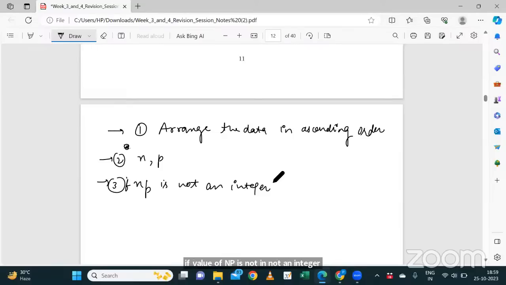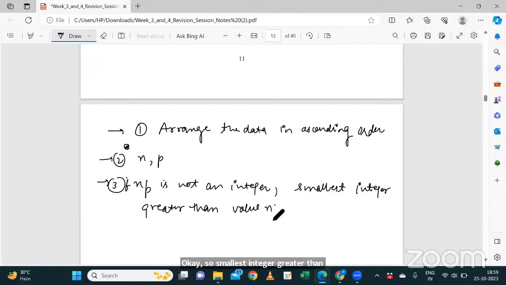If the value of NP is not an integer, then we have to take the smallest integer greater than NP, and take the data value in that position.